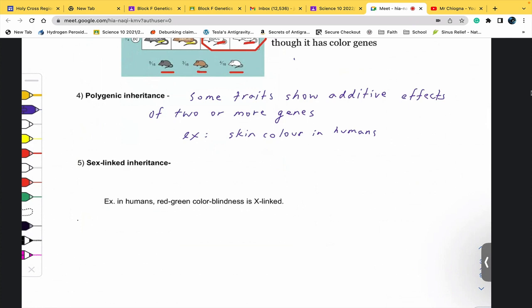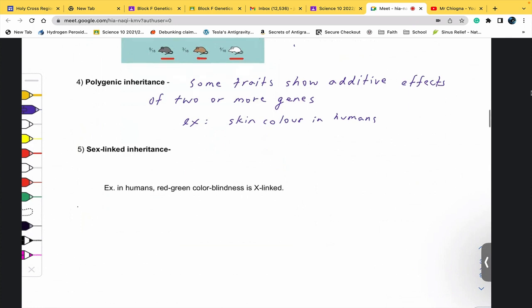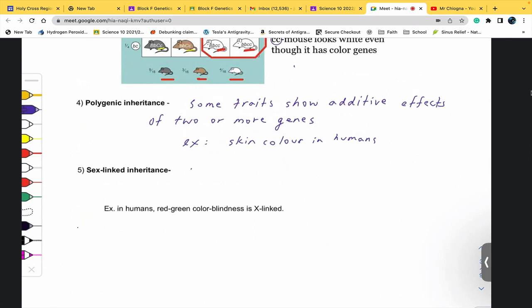Okay, next, sex-linked inheritance. As a general rule, a male always inherits a sex-linked trait.